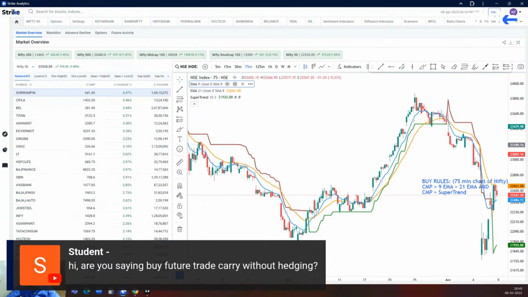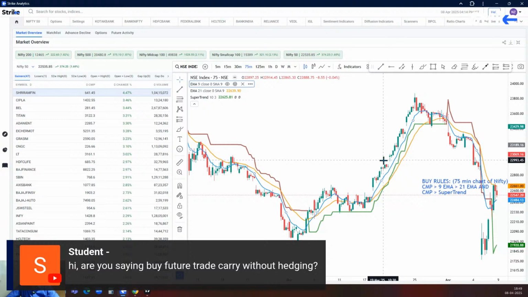Student, what's your name? And of course, hedging is always preferable, and if you want to hedge, you can always hedge by shorting a call against it. If you are not comfortable buying a future, you can very well go for other options, like selling a put, or creating a bull call spread strategy.